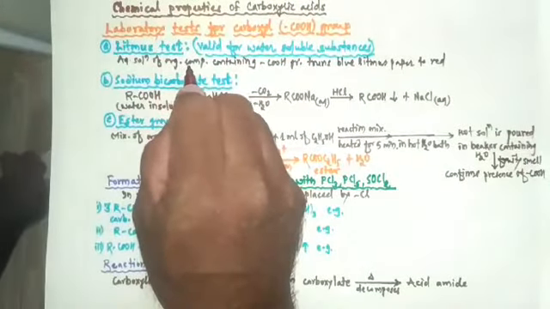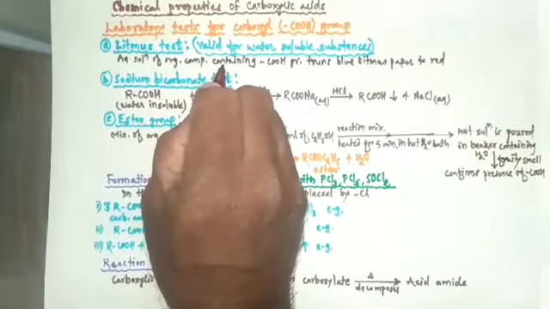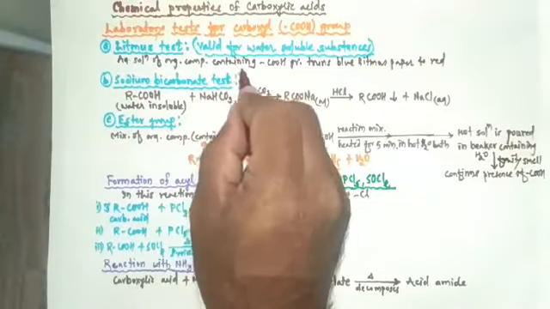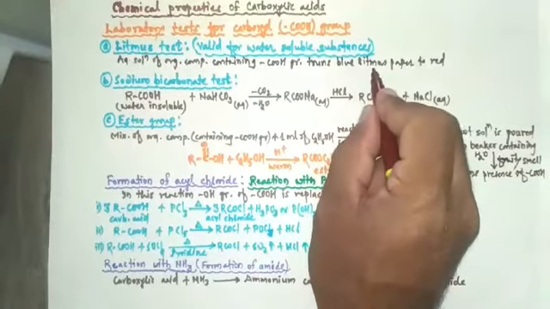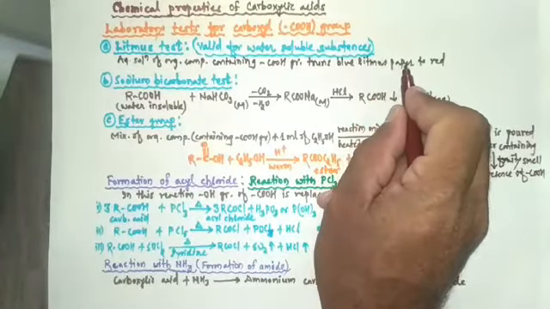So an aqueous solution of an organic compound containing a COOH group turns blue litmus paper to red.